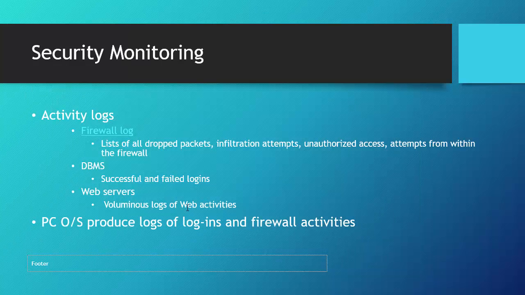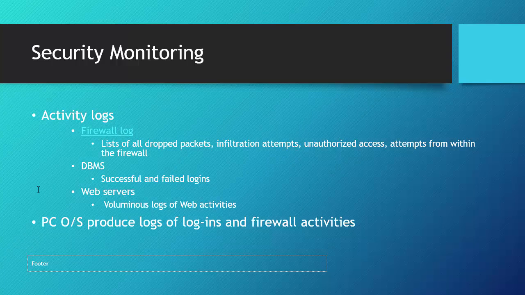So one thing your IT people may be doing is monitoring the activity logs in terms of their servers. And so I can go in and turn that activity on and watch who's been accessing what, from what computer are they coming from, and so on, and what kind of information they may be getting.